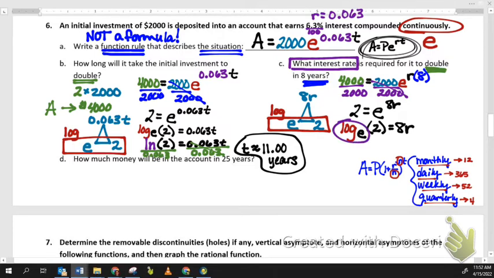Log base e, that's my natural log. So this would be ln of 2 equals 8r. And then I would divide both sides by 8. Grab your calculators for me and tell me what you get when you sub that in.